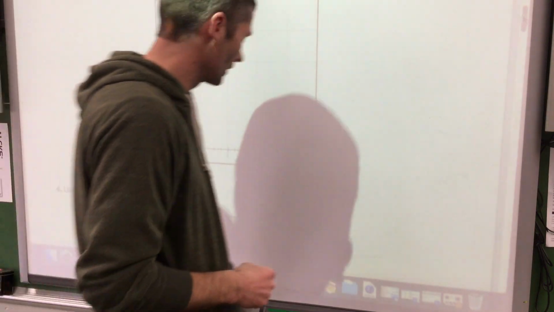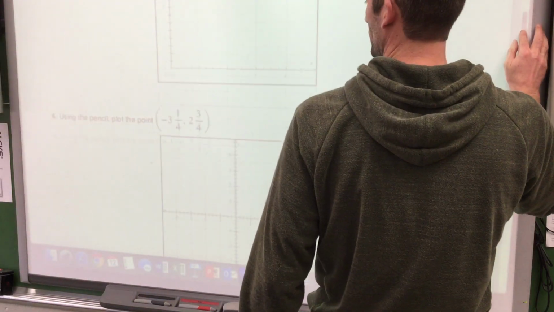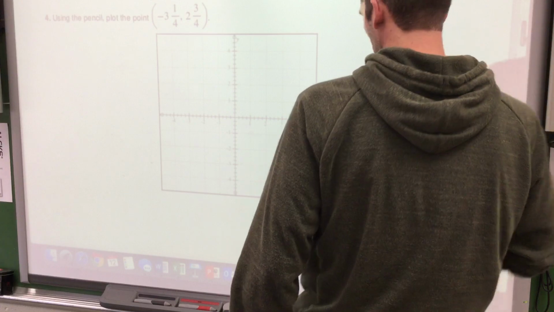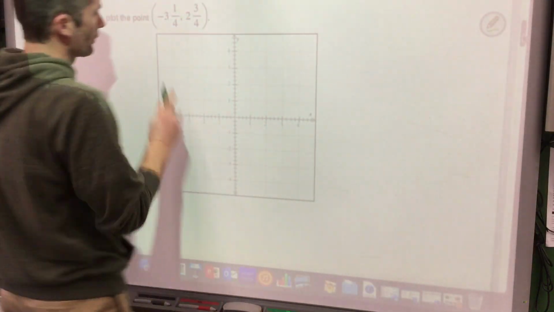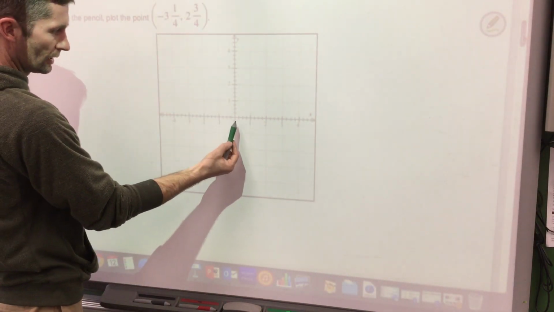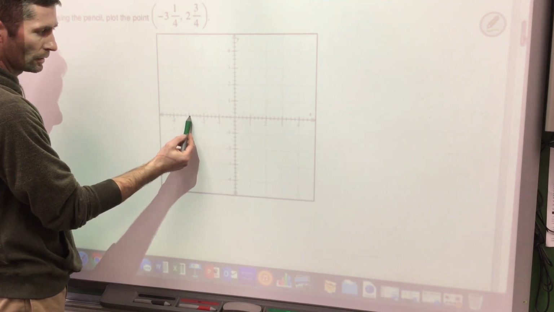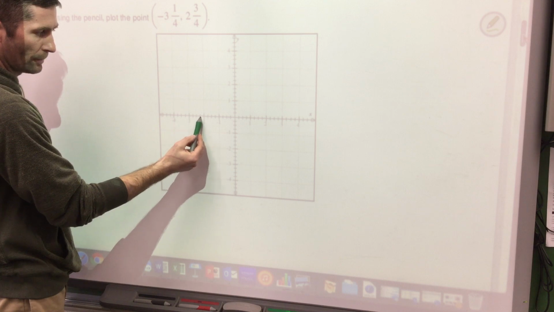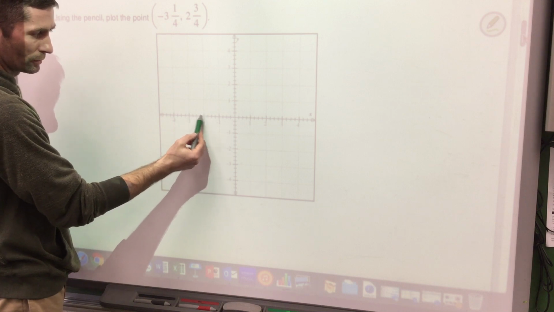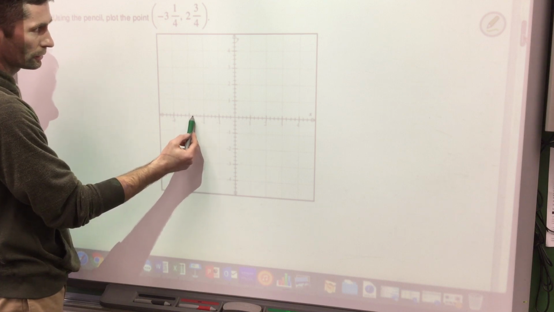Now when we get negative numbers, that's where sometimes we get a little bit confused. Okay, so now we're going -3 1/4, 2 3/4. This is a common mistake, watch me here. I'm going -3, and then I'm gonna go 1/4 more. I'm not going back this way towards 2. That would be -2 3/4.